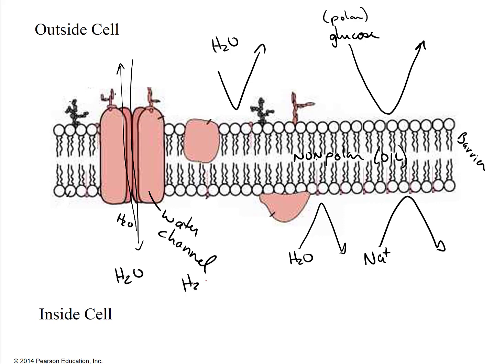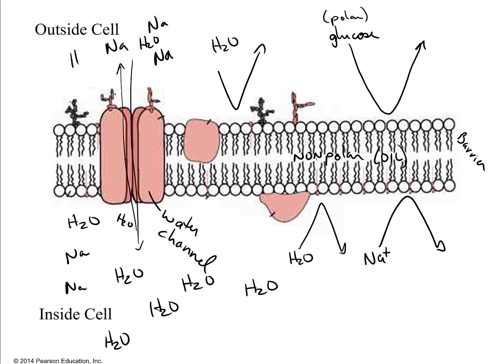So if I have lots of water, not as much salt, some salt, but more water out here, not so much. Out here, we have more salt, so we have less water. So in this situation, there is more salt outside the cell, less salt in.